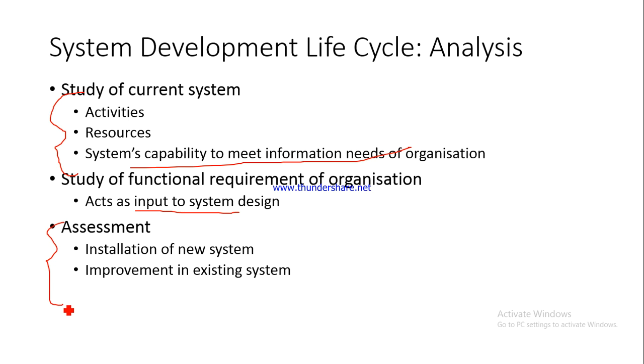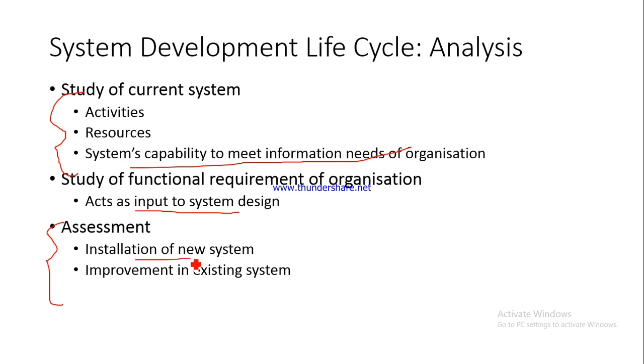Here we have moved ahead and we are now saying, yes, we have to change the old system, but do we need to just modify the existing system, or do we need to altogether replace it with a new system, or will slight modifications also do? So this is what we are going to find out here.